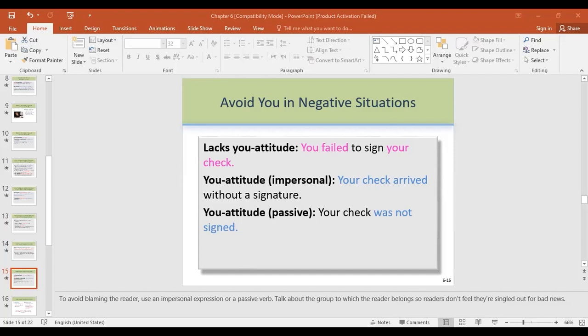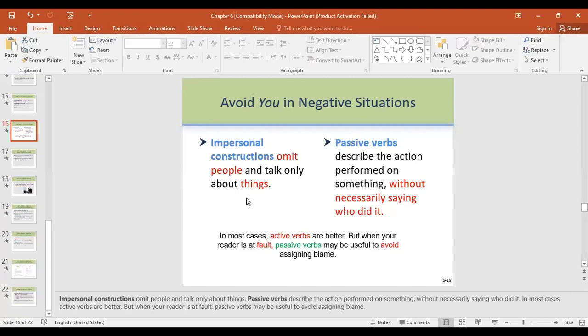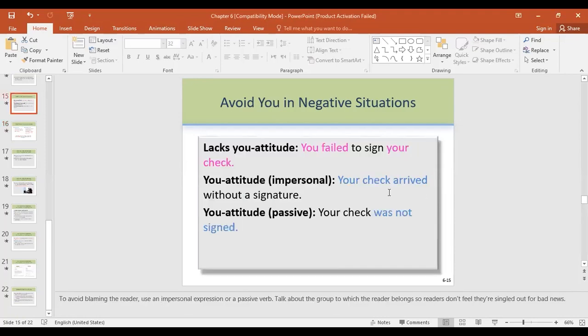So here, in this situation, to avoid you in negative situations, when you are using impersonal construction, you omit people and talk only about things. From this example, you said your check arrived without a signature.